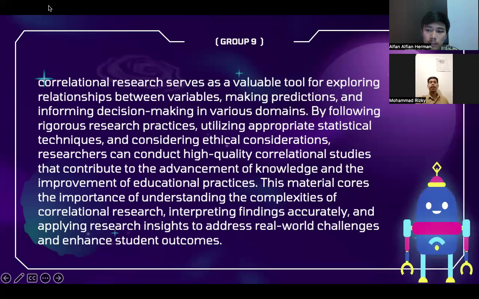The material stresses the importance of understanding the complexity of correlational research, interpreting findings accurately, and applying research insights to address real-world challenges and enhance student outcomes.